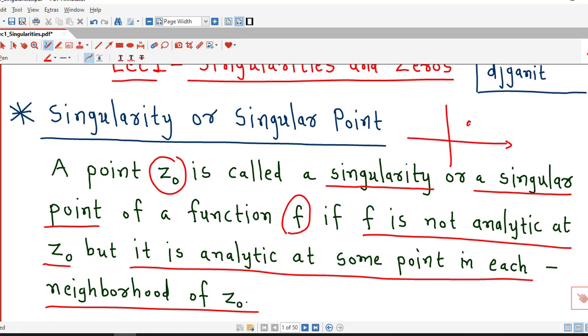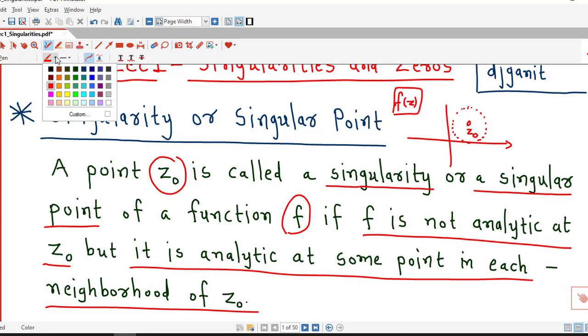Suppose z0 is somewhere in the complex plane, and z0 is called a singular point of the function f of z if the function is not analytic at z0, but if we consider any neighborhood of z0, then the function must be analytic at some point in that neighborhood.